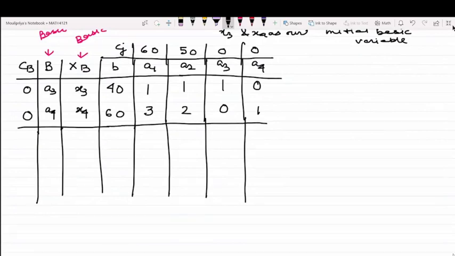Acha. Now, what we do is we calculate the index number. What is the index number?